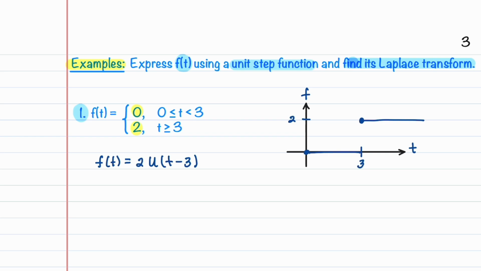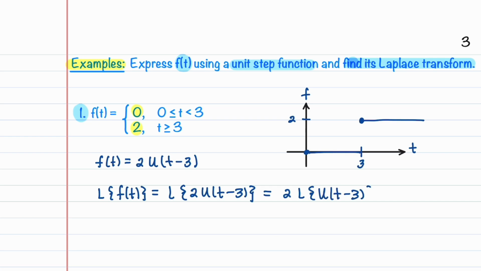Now let's find the Laplace transform. The Laplace transform of our function f of t is equal to the Laplace transform of 2 times u of t minus 3. We can bring the 2 out in front, and we just have the Laplace transform of u of t minus 3.